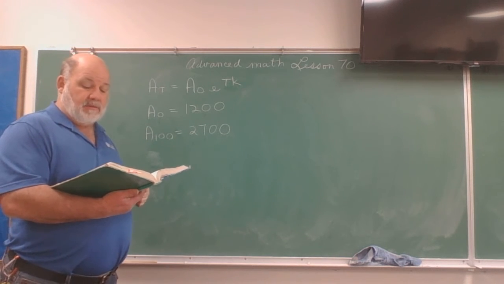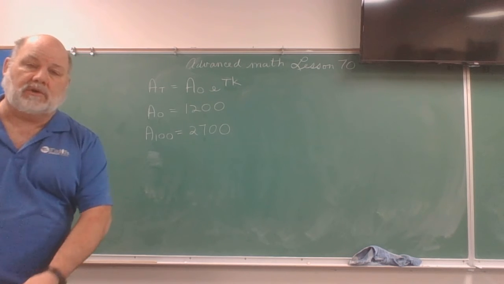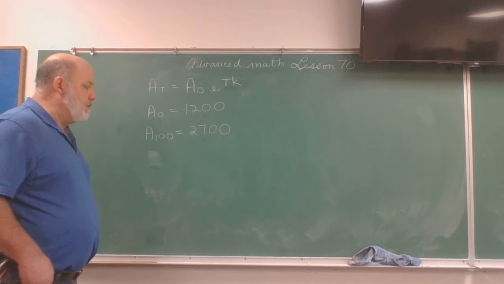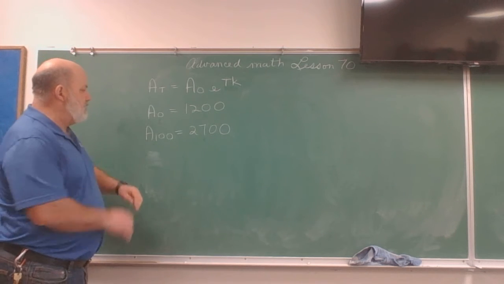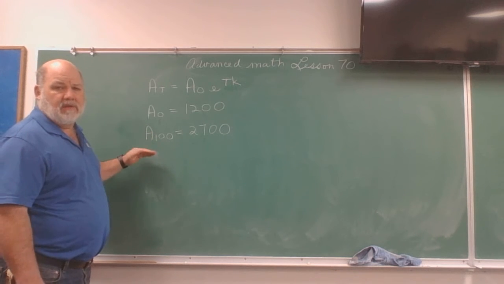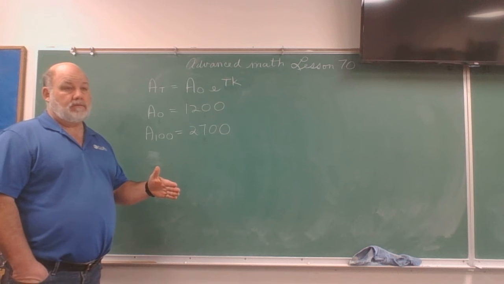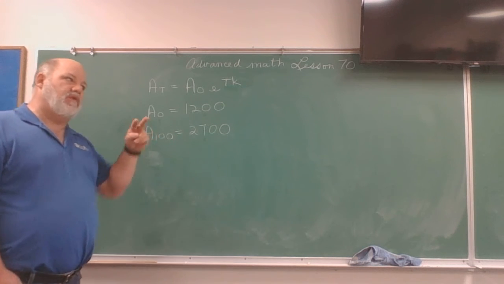It says, assume exponential growth and find the time required for the number of bacteria to increase to 30,000. In the first lesson, they said, here's A sub 0, here's A sub 9, or A sub 18. How many were there after 24 hours? This problem is reversing the question.